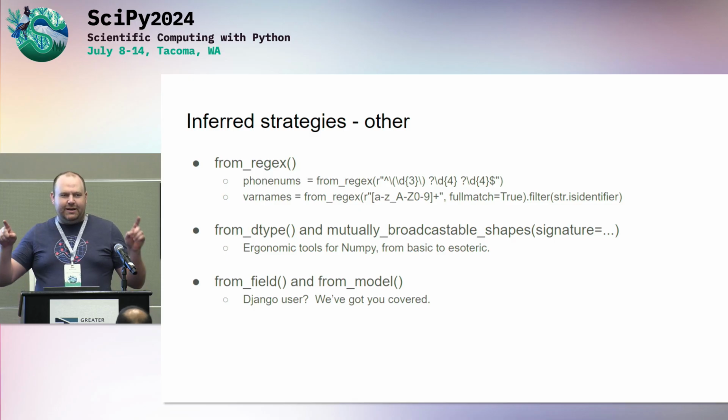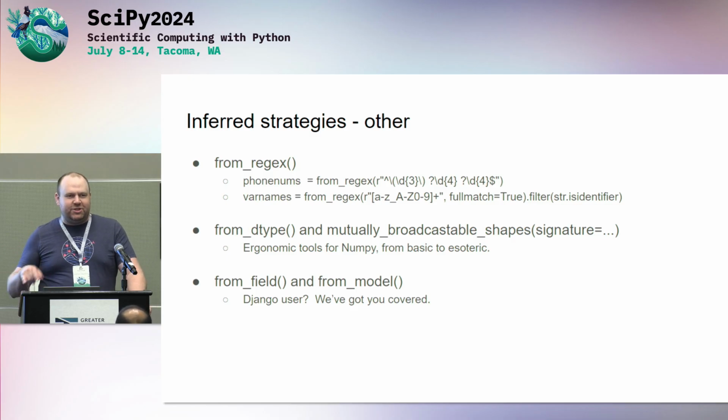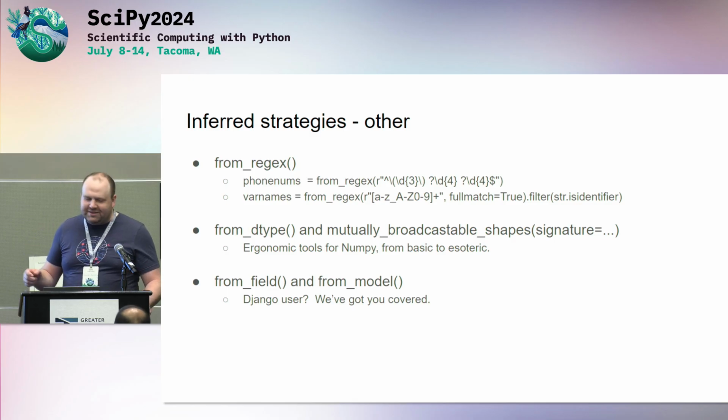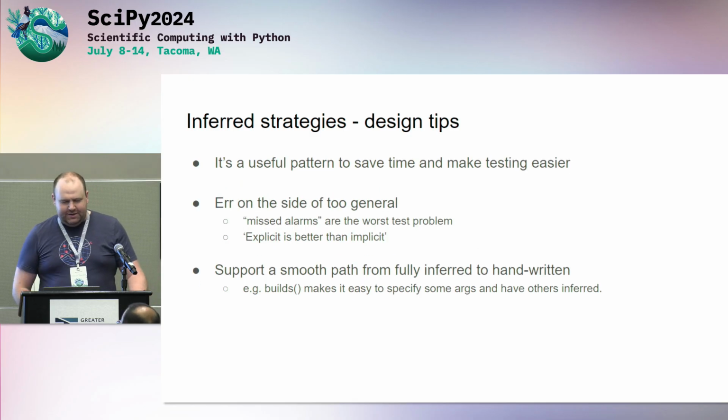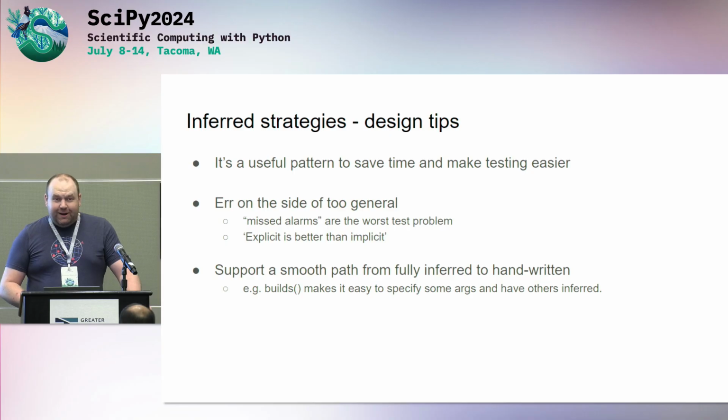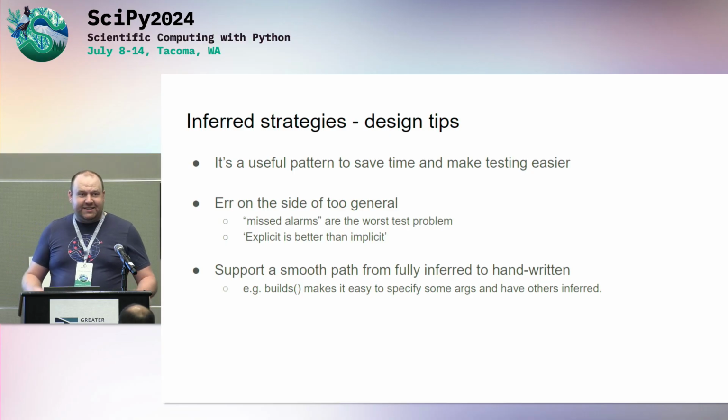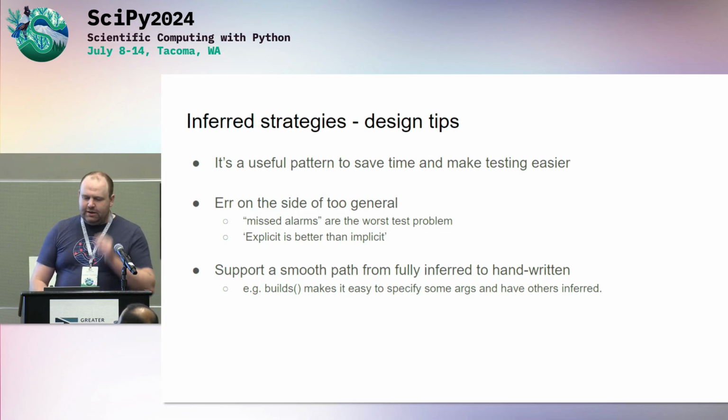You can give it an array ufunc signature string, like for matrix multiplication, and it will give you broadcast compatible shape tuples to describe the arrays that should be valid inputs to that function, as well as the expected output shape. You can write your own functions that guess what strategies should be there, or infer it from some kind of schema or data description. This is a really useful pattern to save people's time.